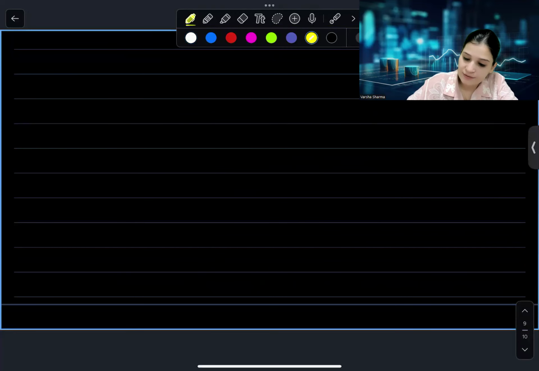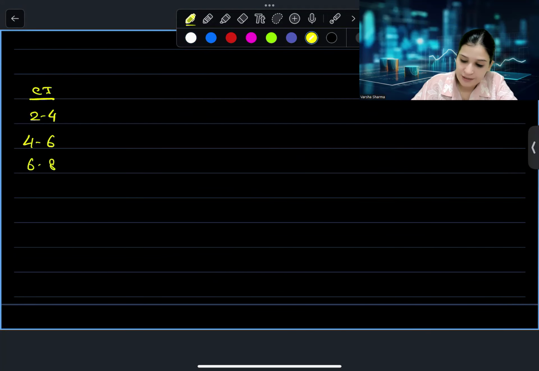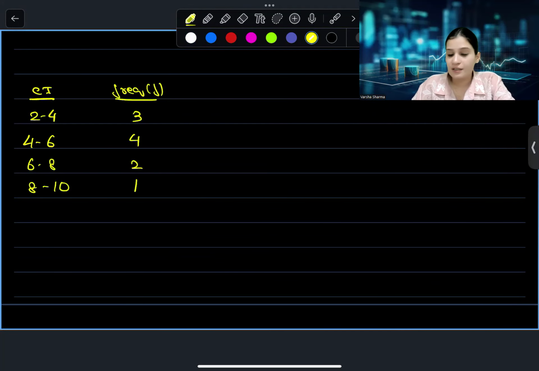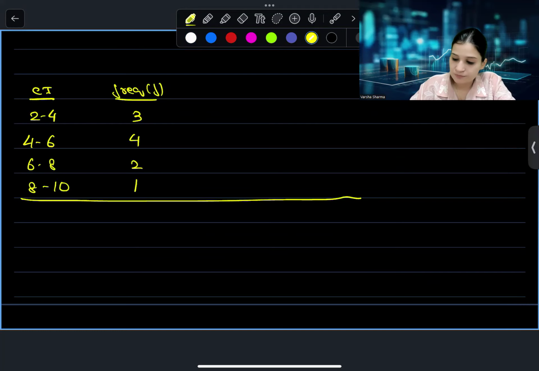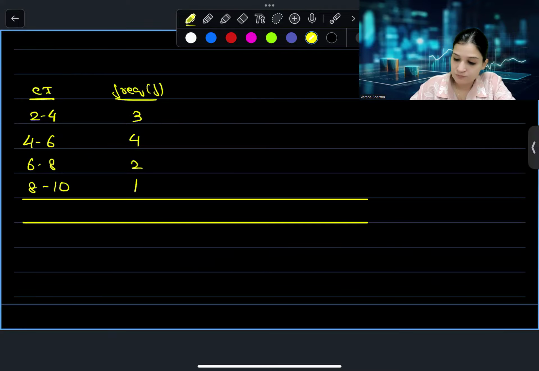For continuous class interval, say 2 to 4, 4 to 6, 6 to 8, 8 to 10, frequency 3, 4, 2, 1. Sum of frequency. So to calculate the mean, we will need the mid value x.